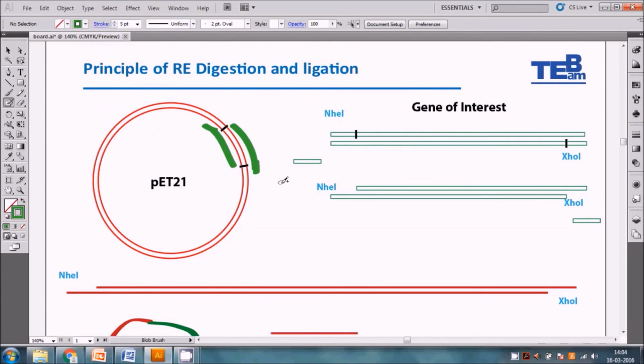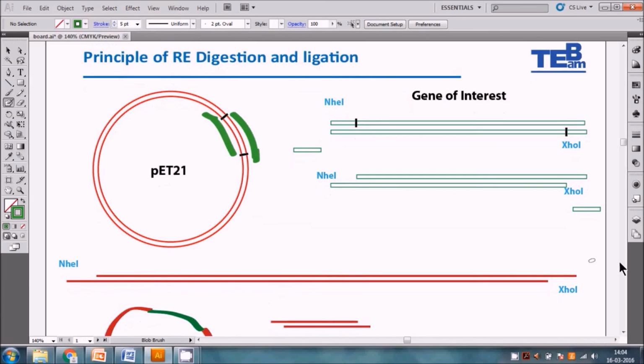So that's how the restriction digestion process occurs, and that's how the gene of interest and the linear vector DNA come close together, and because of these sticky ends, these flanking regions, they get attached and are then further ligated by the DNA ligase enzyme.